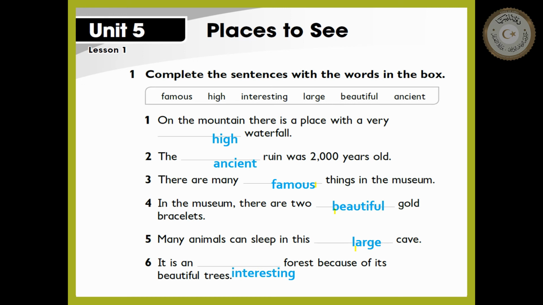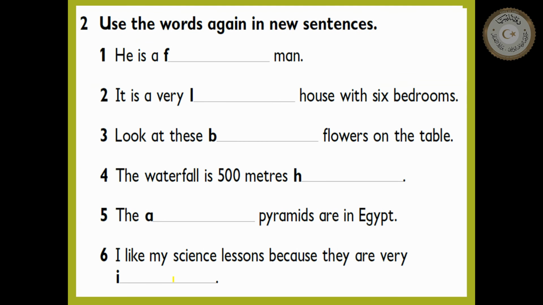Now, number 2. Can you see here? Use the words again in new sentences. Which words? The adjective ones. Do you still remember them? Can we say them together? Famous, large, beautiful, high, interesting, ancient. Again, famous, large, beautiful, high, ancient, interesting.